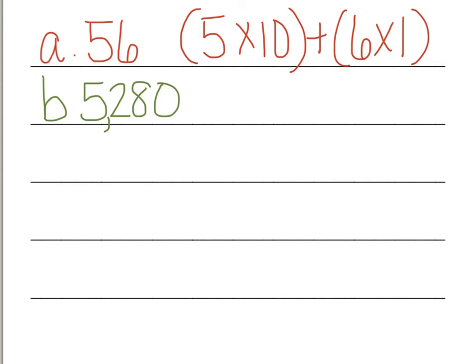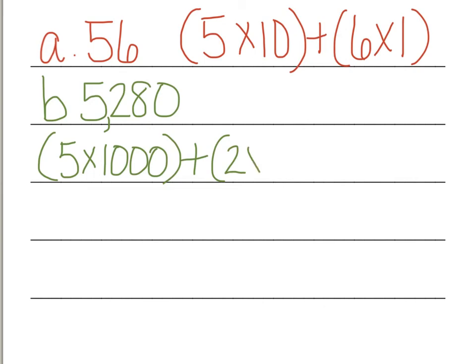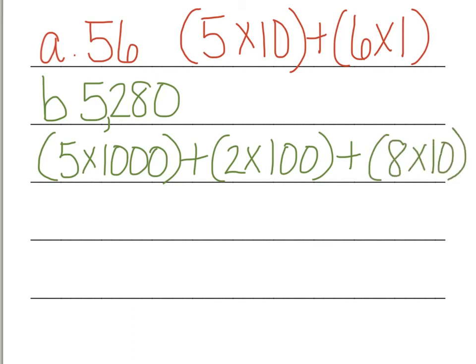And hopefully yours looks just like this. 5 times 1,000 because it's in the thousands place, plus 2 times 100 because it's in the hundreds place, plus 8 times 10 because it's in the tens place. I don't have to have the 0 in there because it's equal to 0, so I don't need to multiply 0 times 1.